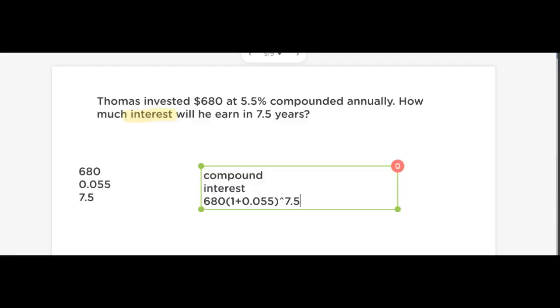All right. 1016.02. We're going to subtract the 680. And I'm going to do that in my little handheld calculator here. And that gives me 336.02. Guys, practice that and get back to me in the meets. All right, I'm going to end it here.